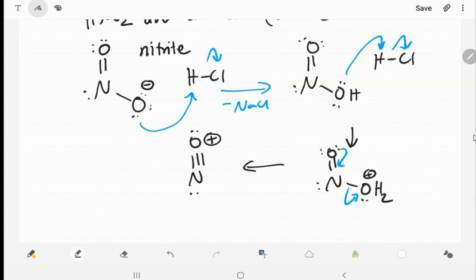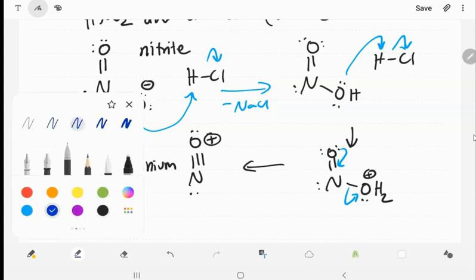Important thing here, this is called the nitrosonium ion, which we know is a nice electrophile, just like the nitronium ion was. And we're going to see that this is a very strong electrophile.